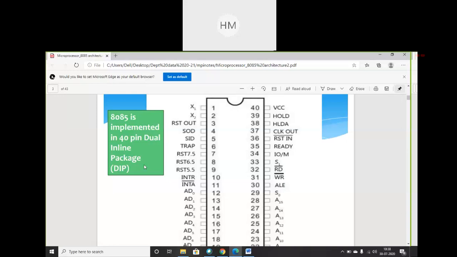Okay. We have flat packages also, and different packages, but the general ICs which we use are DIP, dual inline package, which have a notch at the front side to know from which side you should start pin number 1.